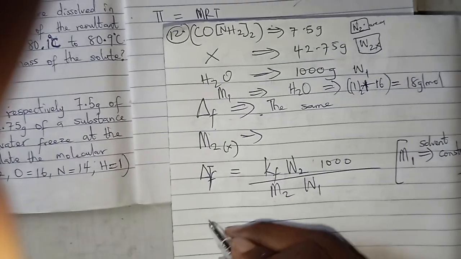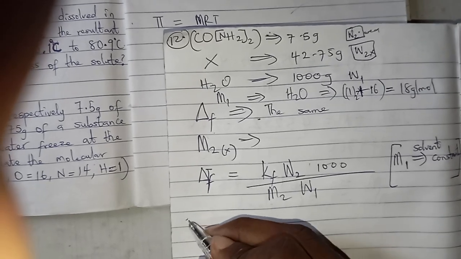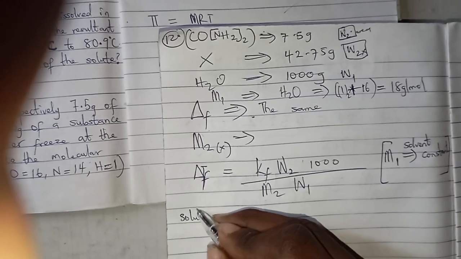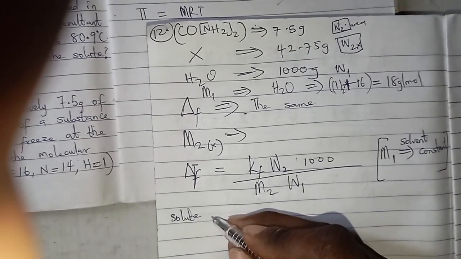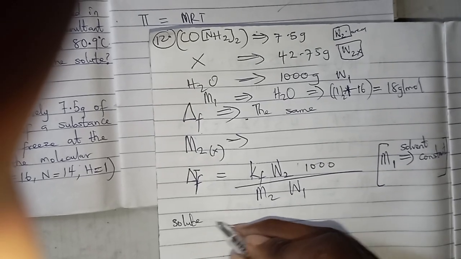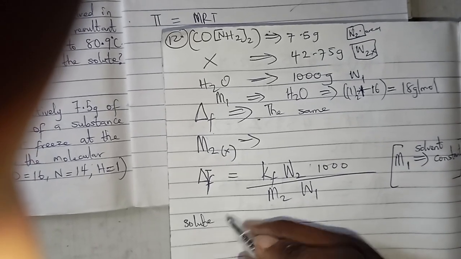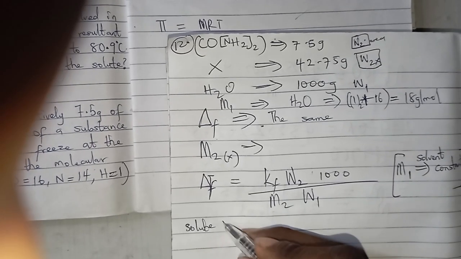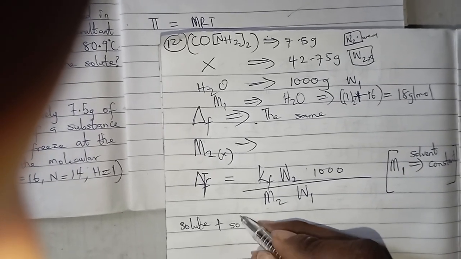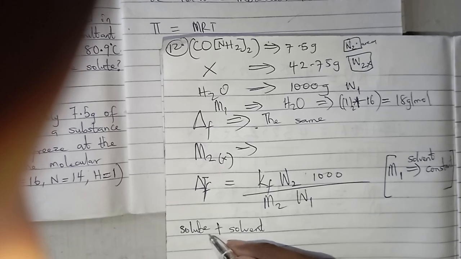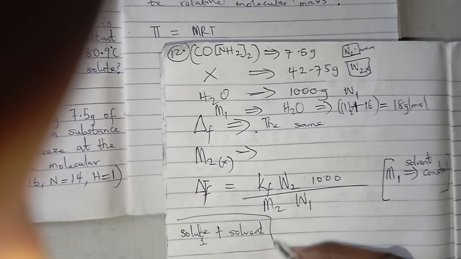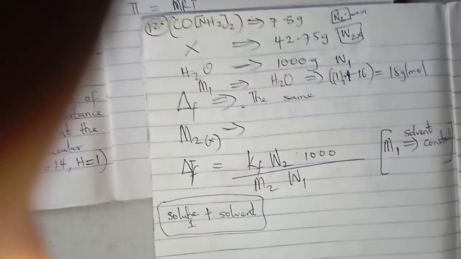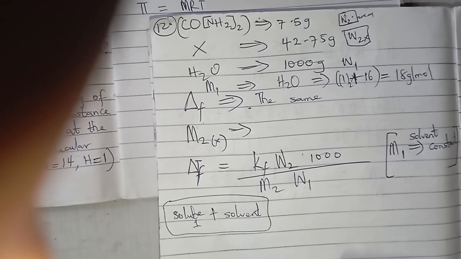So I will now have, for the first solute, remember, this formula makes provision for one solvent and one solute. So in this case, I'm going to use this formula 2 times.